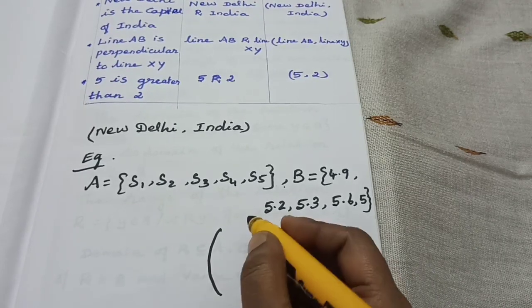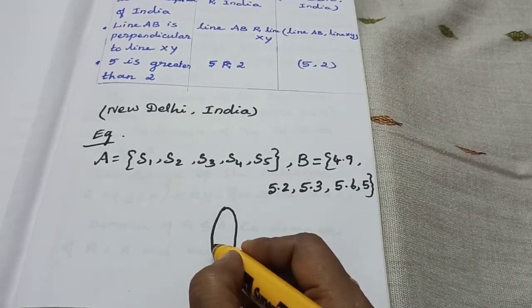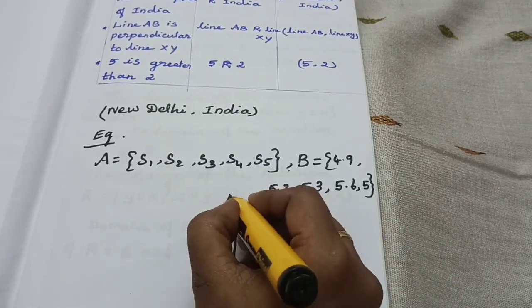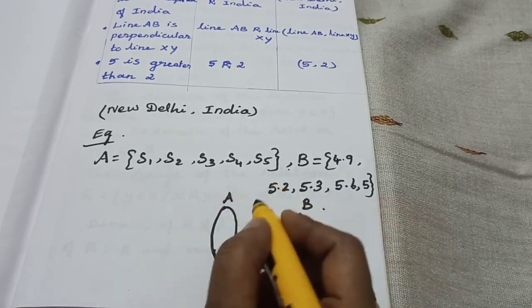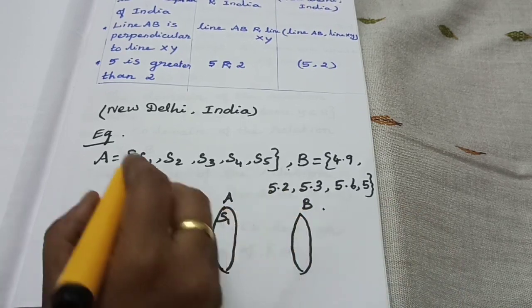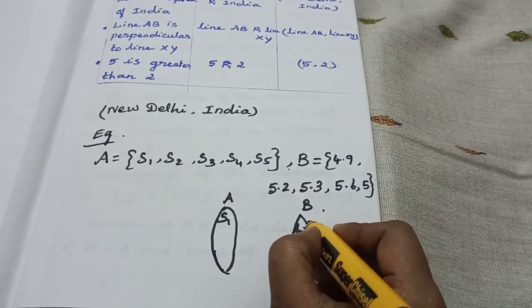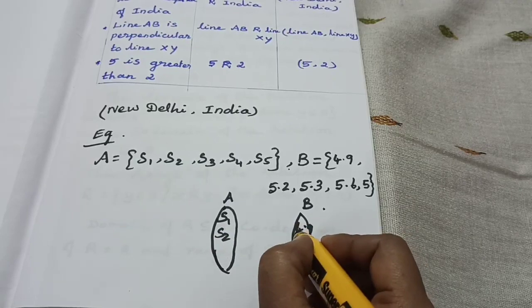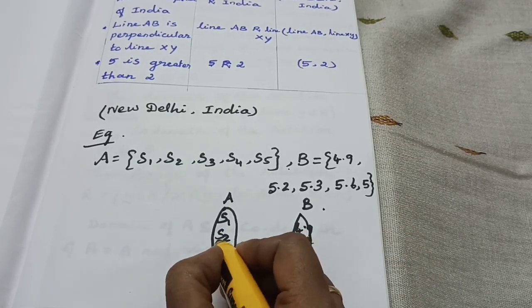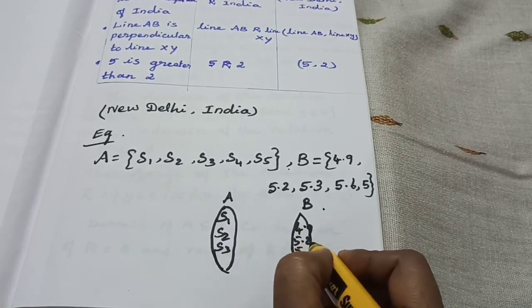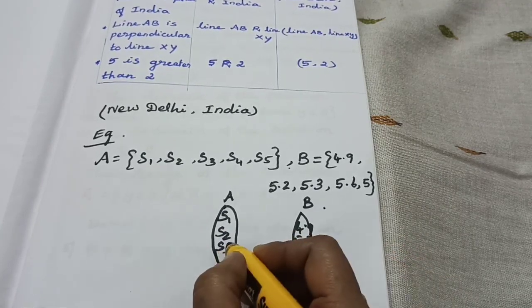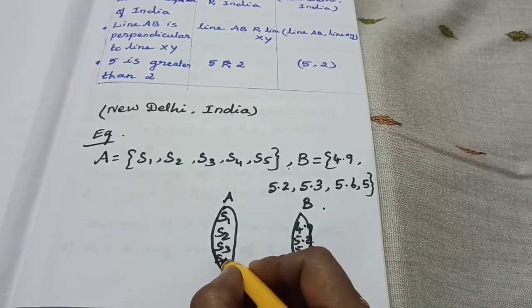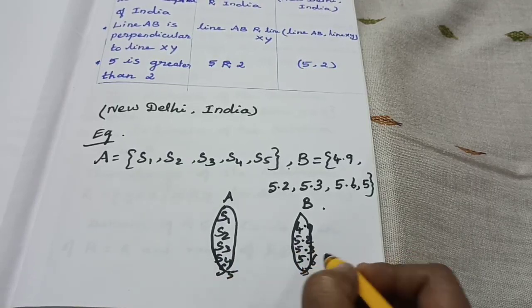Now I am going to represent this arrow diagram. Set A, set B. One relation I am going to give: S1 to 4.9, then S2 to 5.2, then S3 to 5.3, then S4 to 5.6, then S5 to 5.